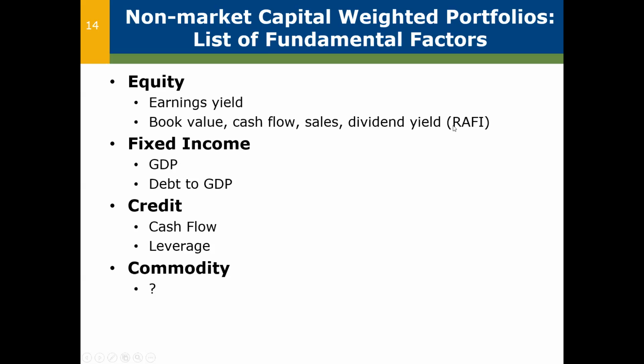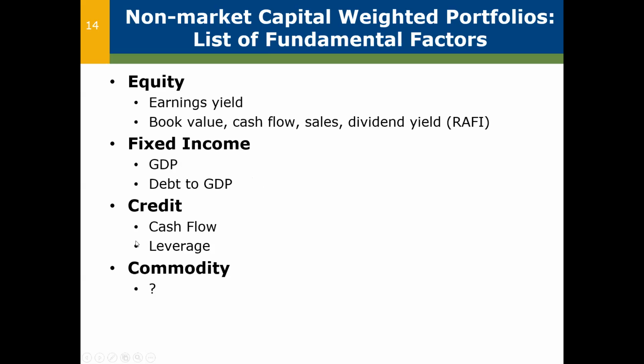That's what RAFI stands for, Research Affiliates Fundamental Indexing, I believe. In fixed income, so that would be government bonds, you could use GDP or debt to GDP, with some kind of measure of the country's ability to pay their debt.